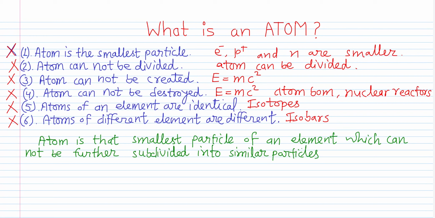So definitely you can divide an atom into smaller particles, but you will not get similar particles. They will be different: electron, proton and neutron.